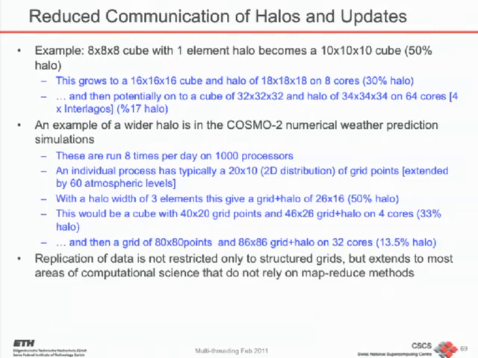You've got to think about how that fits into your particular applications. Then we'll take the example of the COSMO-2 weather prediction model. An individual process is typically a 20 by 10 distribution of grid points with 60 atmospheric levels, but we're only interested in the 20 by 10. With a halo width of 3 elements, that's a grid to halo ratio where 50% of the zone is halo regions.